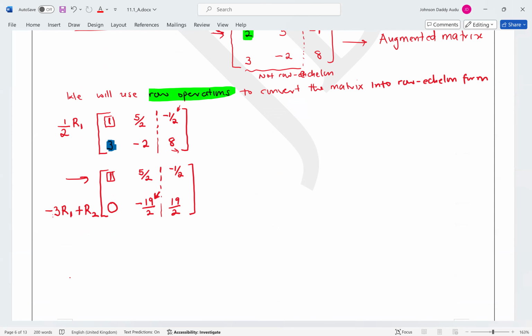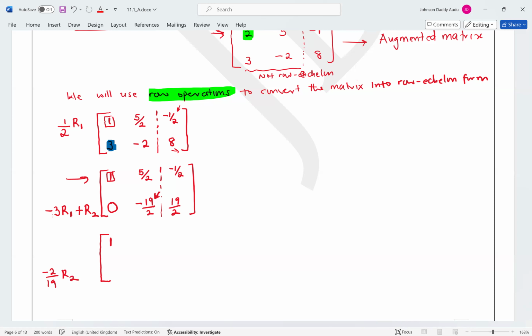So we need to apply another row operation. How can we change this to 1? Just take the reciprocal, which is minus 2 over 19 times r2.